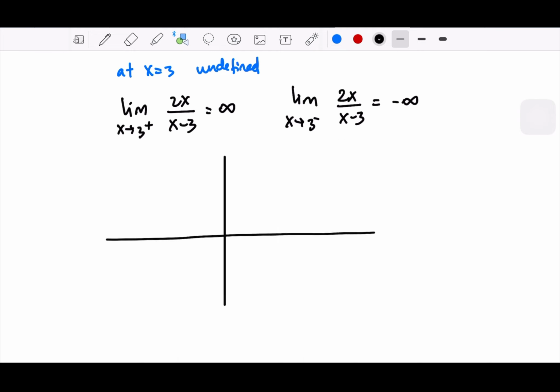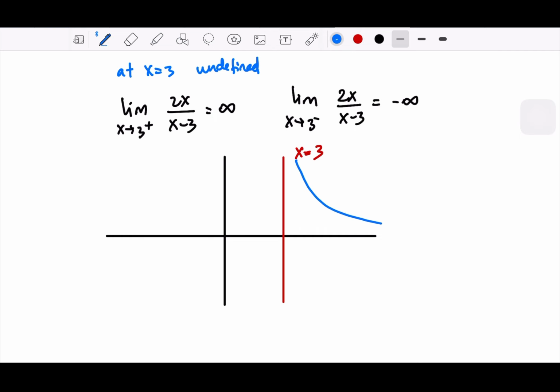If you draw it, probably here is x equals 3, and maybe this will be the curve. So we will still have the asymptote here.